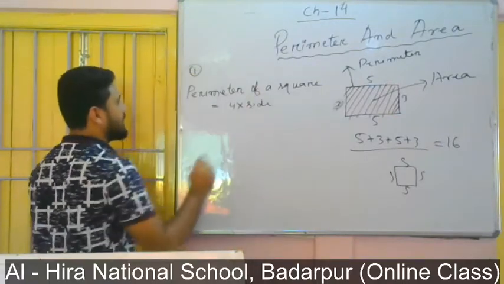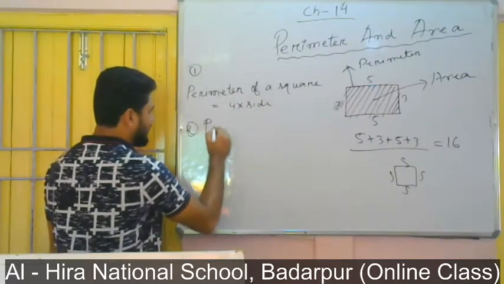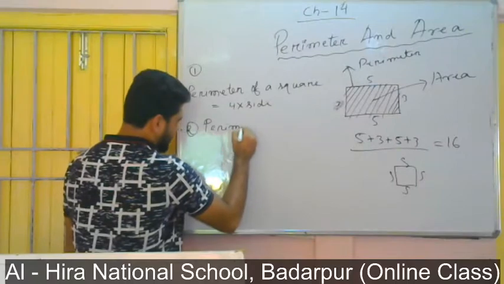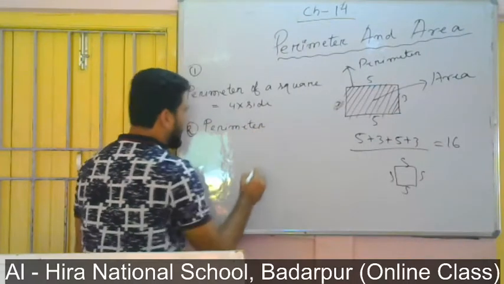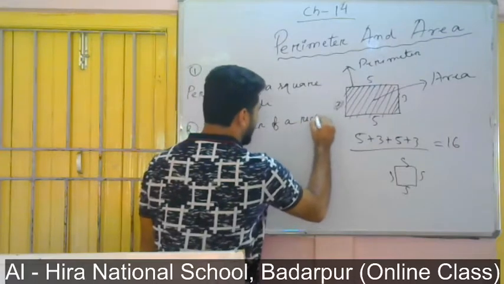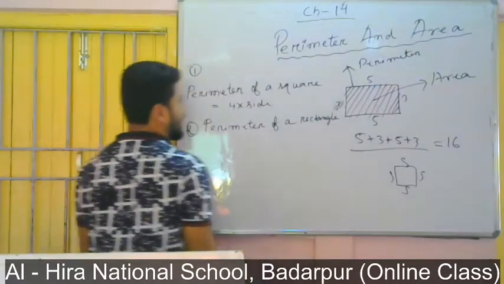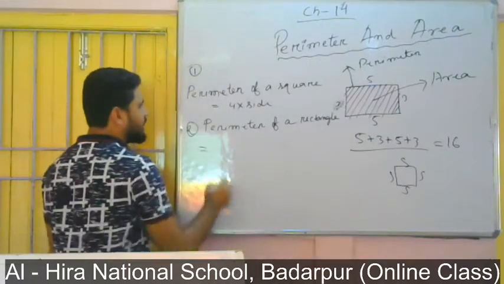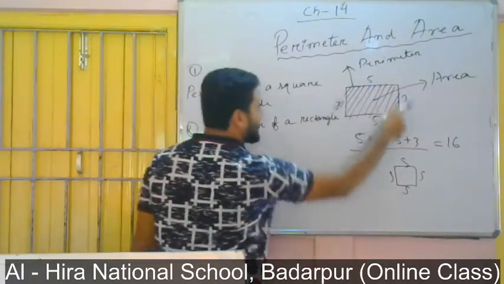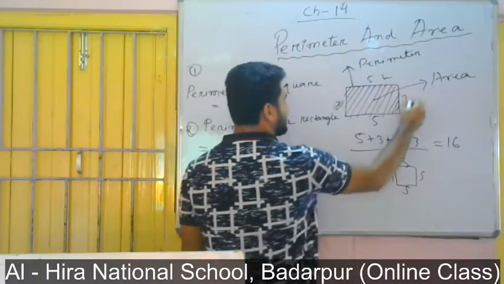First formula. Second, perimeter of a rectangle. Perimeter of a rectangle will be what? Do you know? This is a rectangle, okay? So we are getting length. This is breadth.